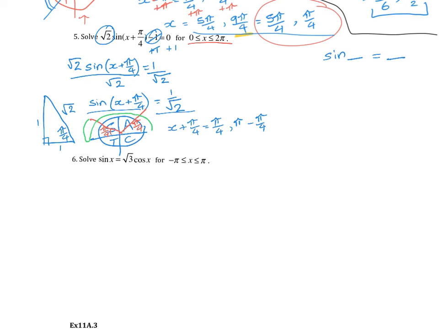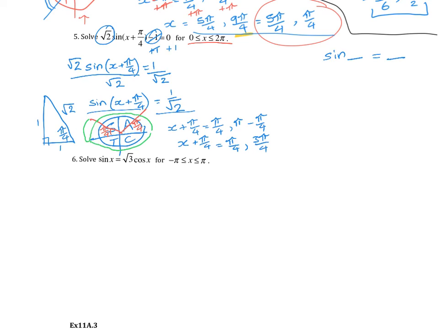Okay, and then if I keep going around, I don't hit any more lines, so that's all my solutions. And so I get x plus pi on 4 equals pi on 4. And pi minus pi on 4 is 3 pi on 4.